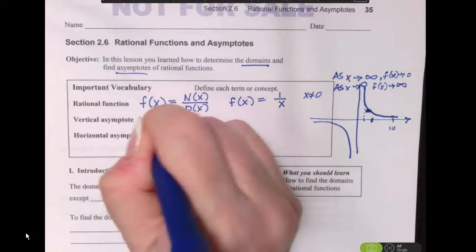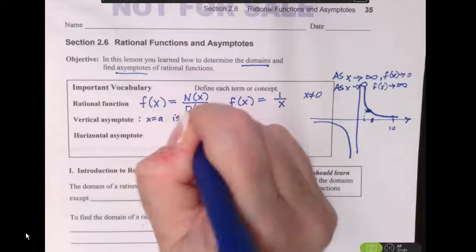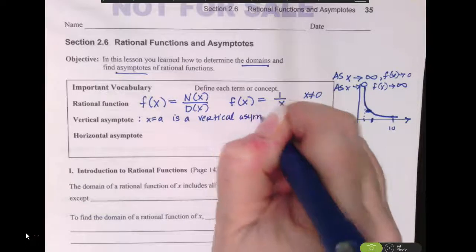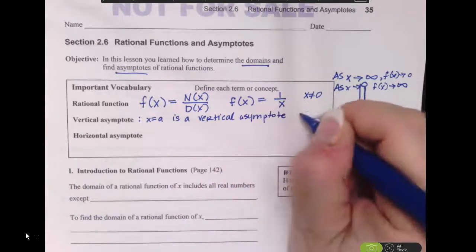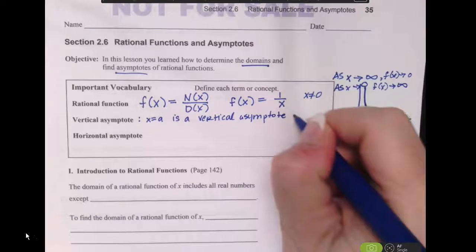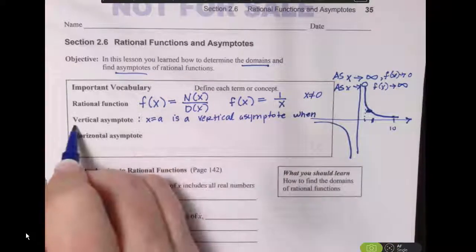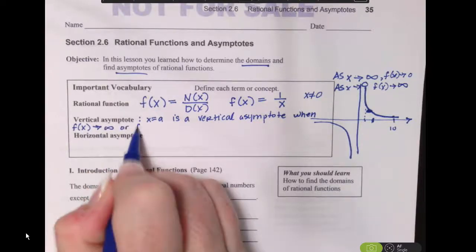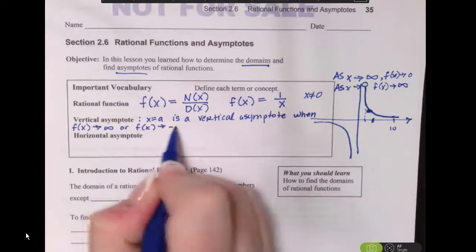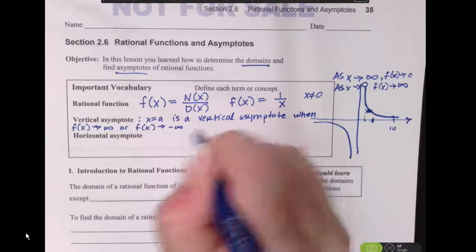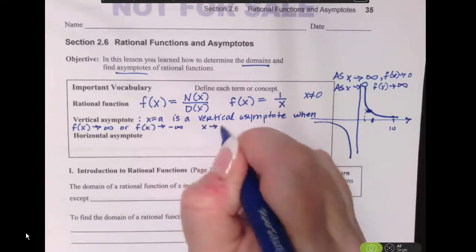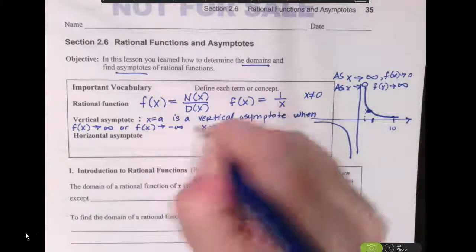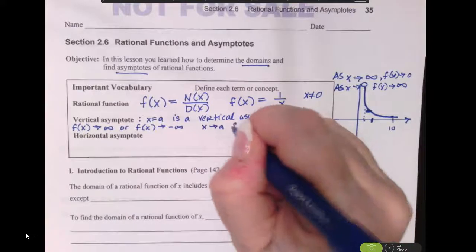So x equals a is a vertical asymptote when f of x approaches infinity or f of x approaches negative infinity, then x approaches a, so either from the right or from the left.